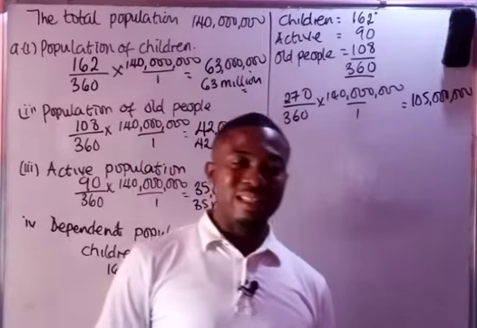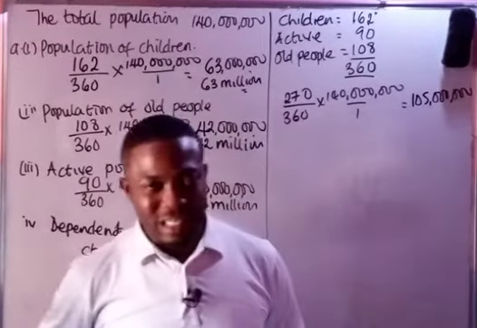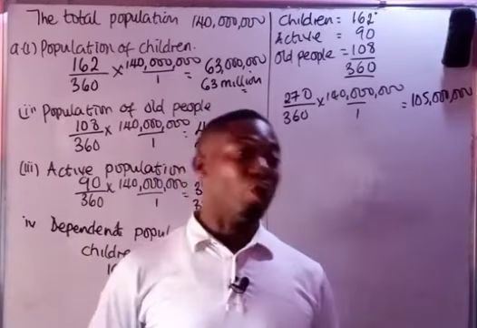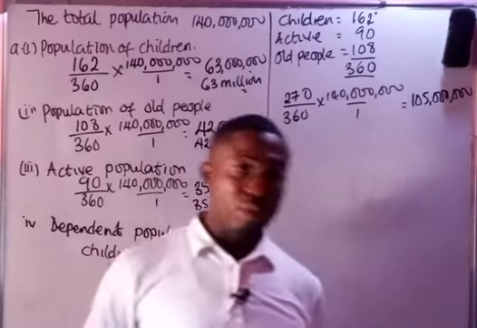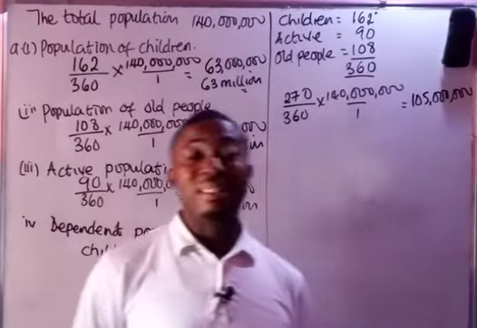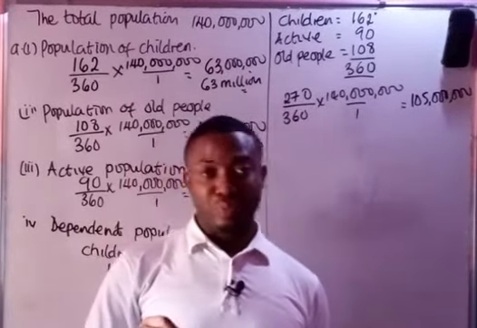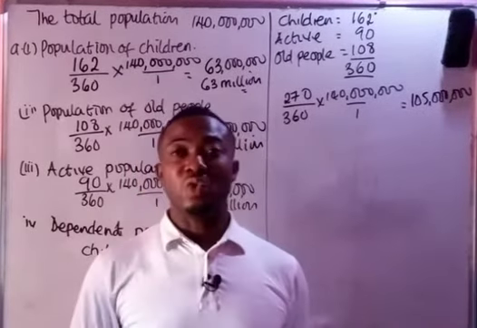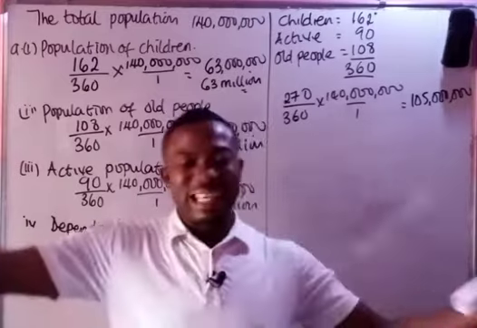And what it means is that those that are active, that are working, because the active population is also more or less the working population. Okay, that's the lifeblood of any nation. So what it means is that that active population is less than the dependent. It means that those that depend on the independent is higher.